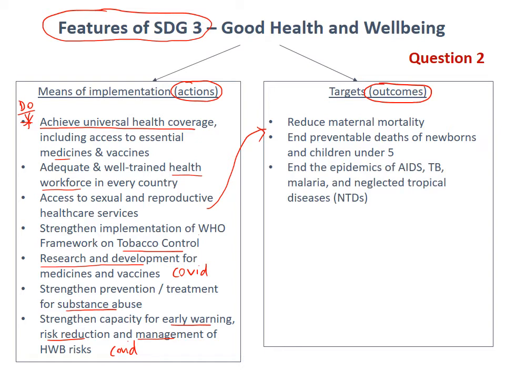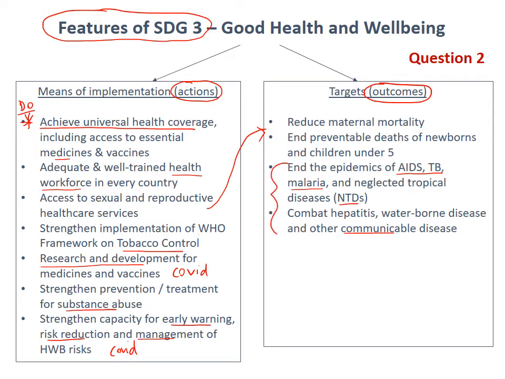End the epidemics of AIDS, TB, malaria, and these things called neglected tropical diseases, which are a range of really horrible diseases that tend to affect certain countries. Combat hepatitis, waterborne diseases, and other communicable diseases. So both of these relate to communicable disease.